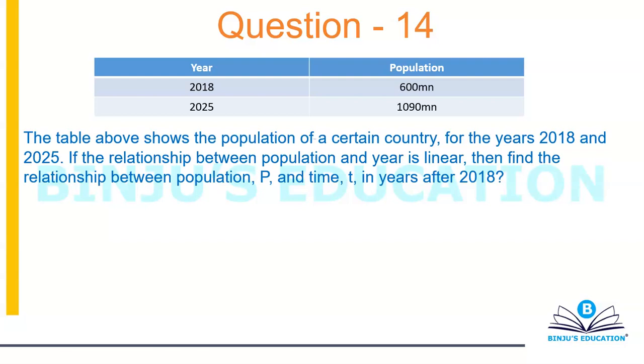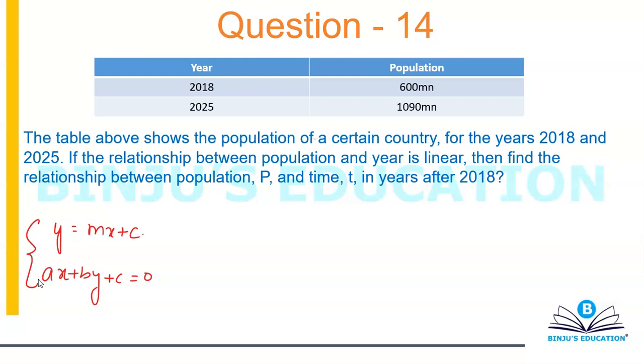Every linear equation can be represented in the form y is equal to mx plus c, because a linear equation represents a line. The line can be written in slope intercept form, that is y is equal to mx plus c. You can also write that in the general form, that is ax plus by plus c is equal to 0. That's completely your call which way you want to do it, and that also depends upon the options that you're going to have.